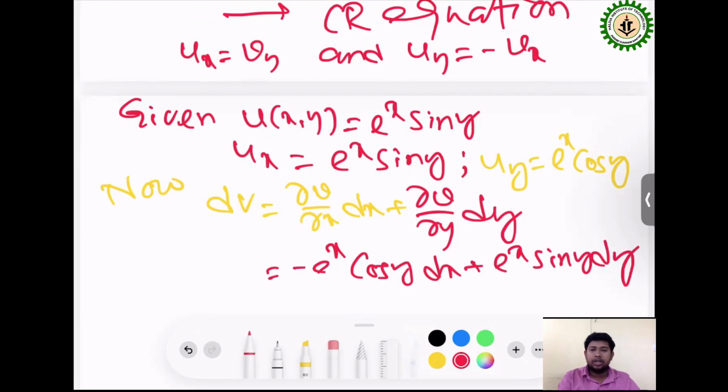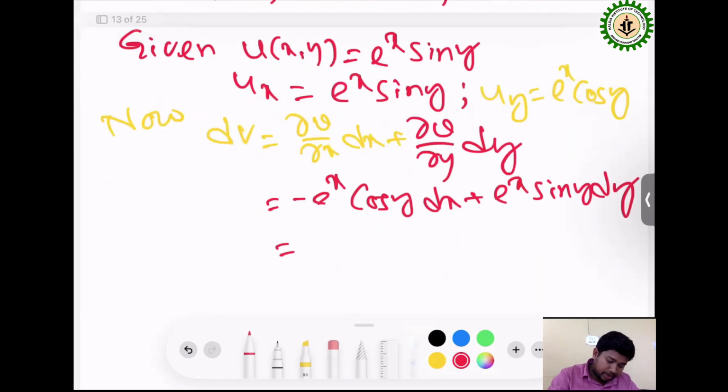So del v by del y equals minus del v by del x. Now we can obtain it here.